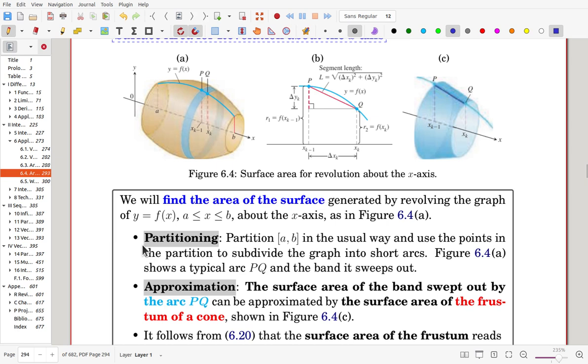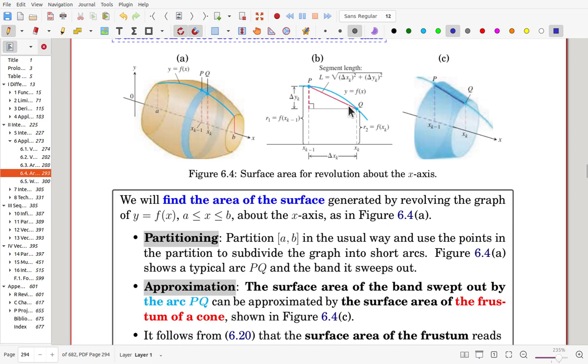So we start with partitioning. The interval a to b is partitioned into n subintervals. Now for each subinterval, this arc PQ will make a band. Finding the area of a band is not simple. For example, this is the original curve, and once it is rotated, it will make a band.